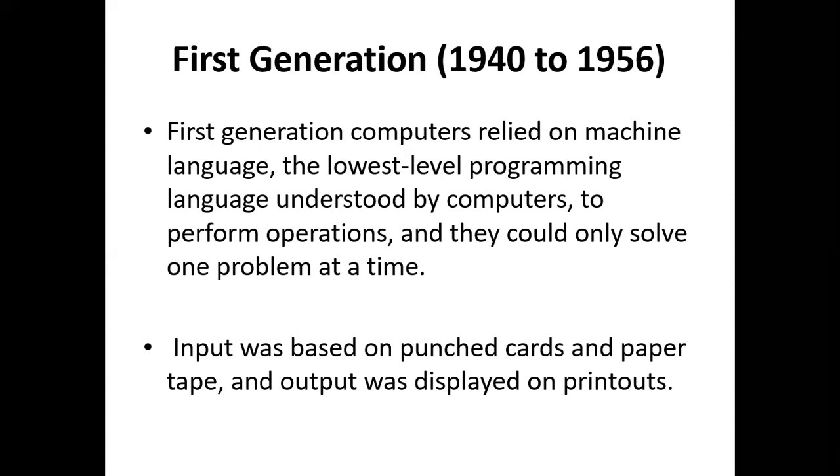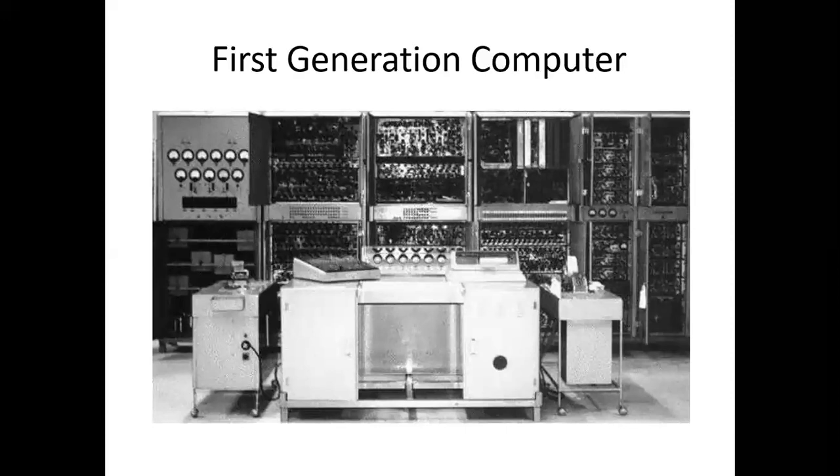We talked about digital computers, and we said the instructions are represented using binary values 0 and 1. So in the first generation of computers, the instructions had to be written in ones and zeros, the actual language that the computer would understand. And these computers were only able to perform one task at a time.